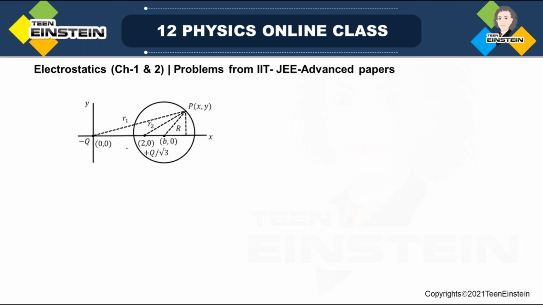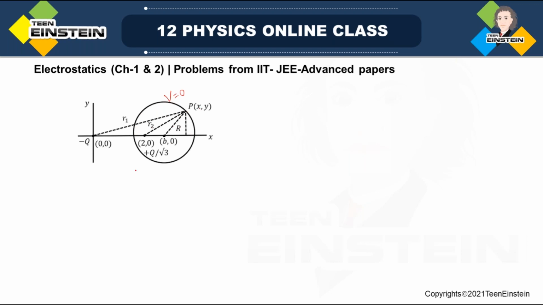Let us see here. See, I have 2 point charges, so potential is 0 here, right? Let us take any point P in this circular region which has coordinate (x, y).